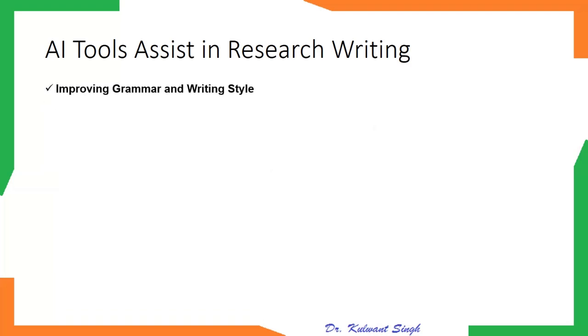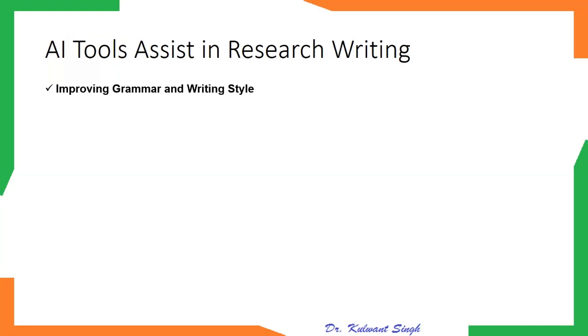There may be many parameters, so we will include only the major ones. First is improving the grammar and the writing style, because every reviewer, every expert, every journal is looking for simple and concise content.